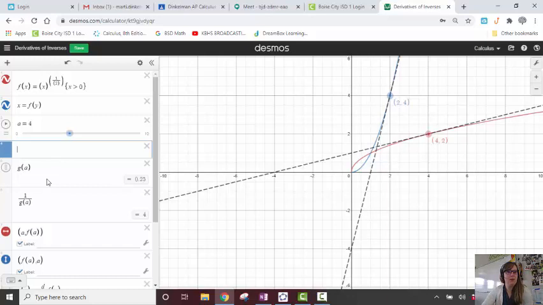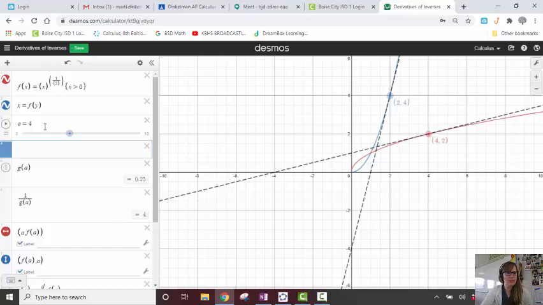Now I've also built the tangent lines here. Those are the dotted lines, and you can see for the first one, at 4, 2, this red one, the slope is 0.25, so 1/4. And then the slope of the other one is 4, which is actually just the reciprocal of that. So it makes us curious whether that is always going to be true.